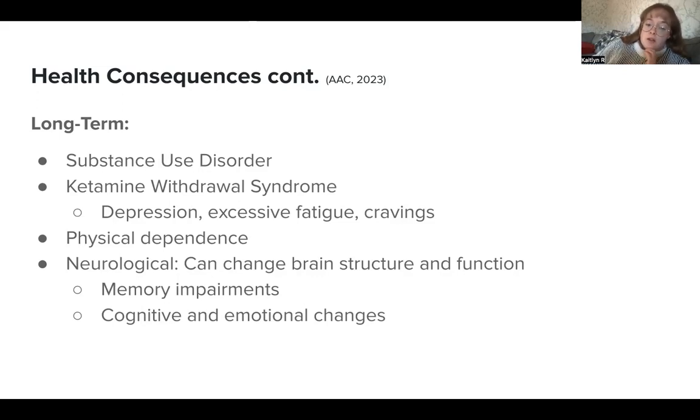Neurologically, it can change brain structure and function, causing memory impairments, and also cognitive and emotional changes. I've also seen some articles saying people who use or abuse ketamine also have problems with their bladder. But I did not include that in this PowerPoint.